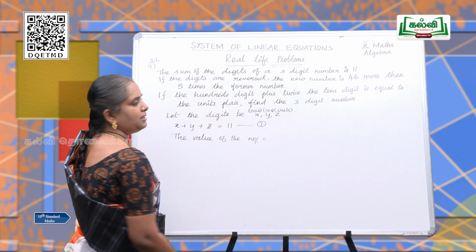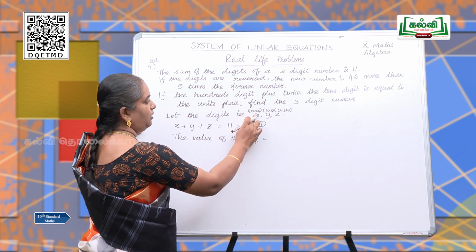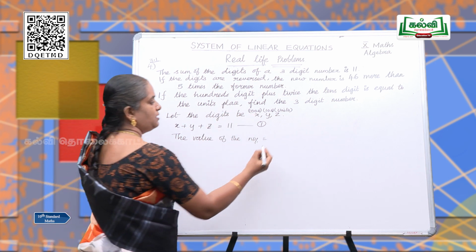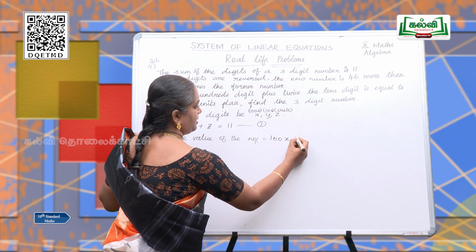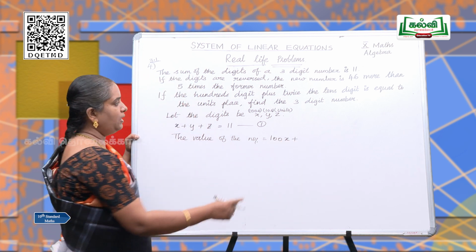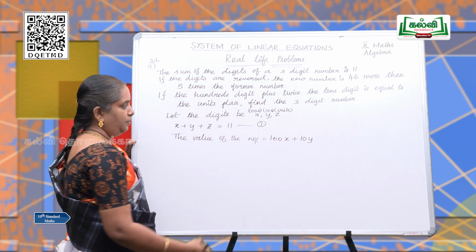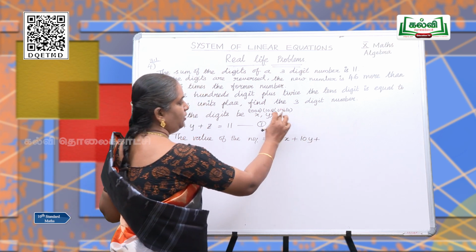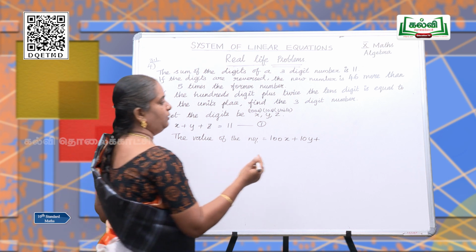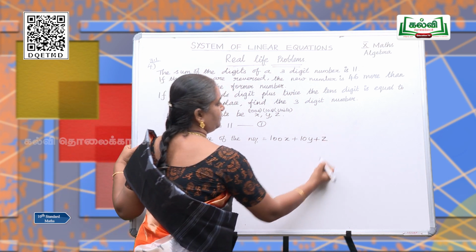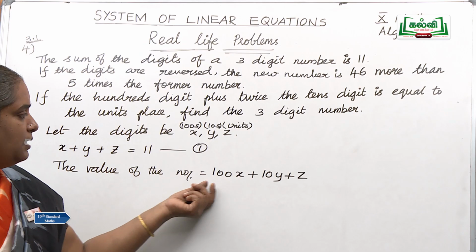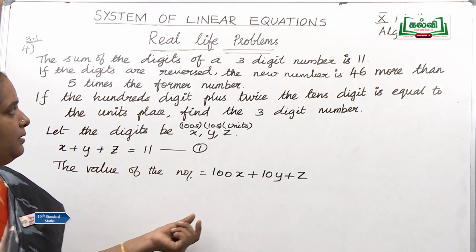The place value of x is 100, so 100 times x, plus the place value of y is tens, so 10 times y, plus the place value of z is units, so 1 z, that means z. So, we have got the value of this number.